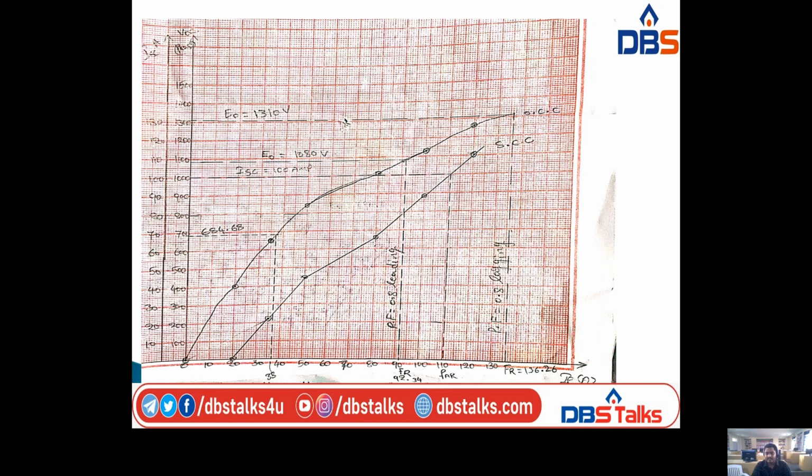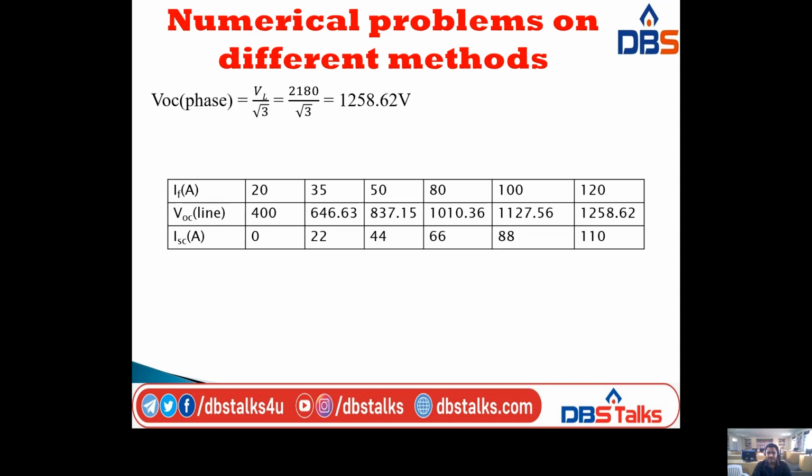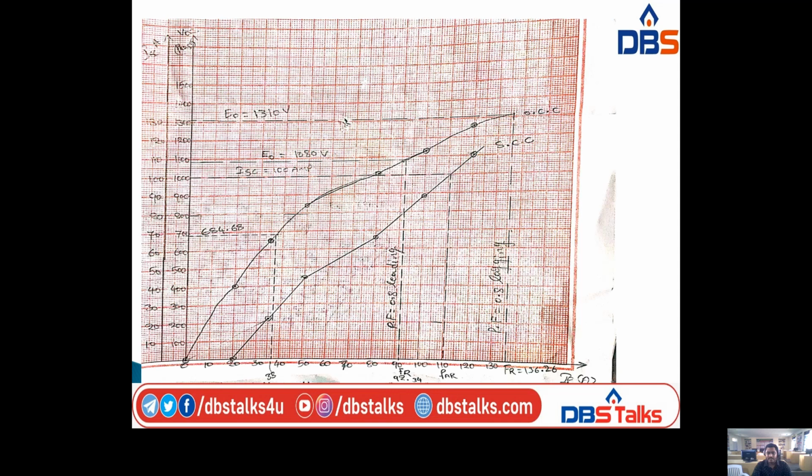Coming to the short circuit current, the value varies between 0 to 110. That's why I am taking the scale as ISC equal to 10 amperes per division, that is 10, 20, 30, 40, 50, 60, 70, 80, 90, 100, 110, 120 and 130. Like that, we take the ISC values on the graph paper.